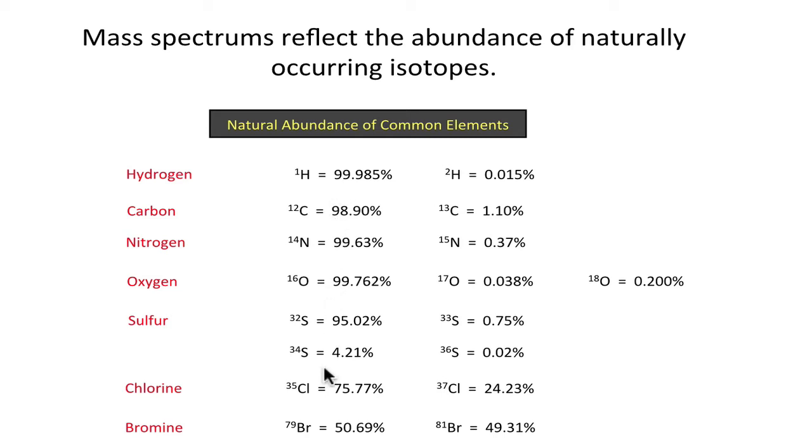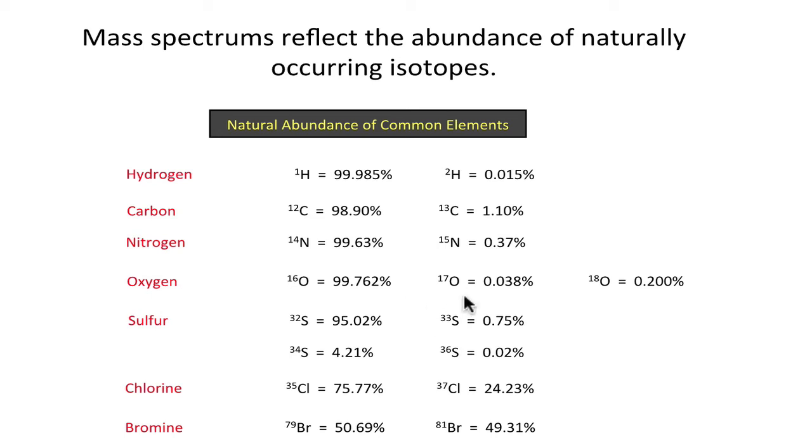This is a list of some of the elements and their isotopes. So if we look at oxygen, we have oxygen 16, oxygen 17, oxygen 18. It gives you a percentage of how often we naturally find those in nature. 99% of those atoms of oxygen are oxygen 16, and then a small percentage are different.